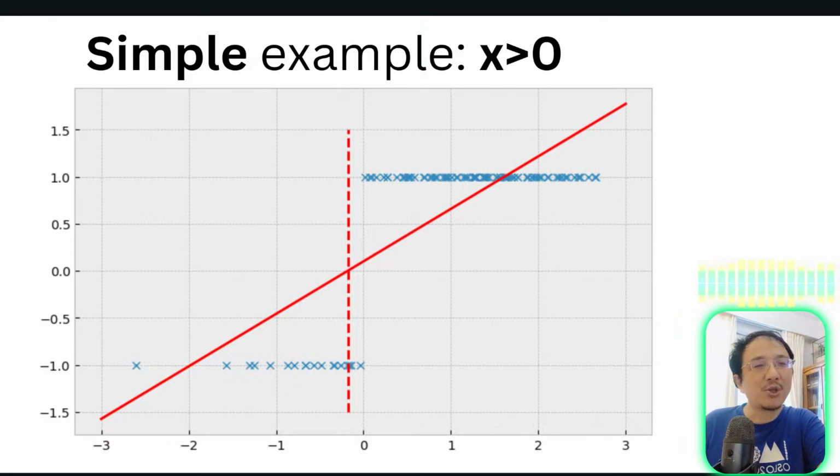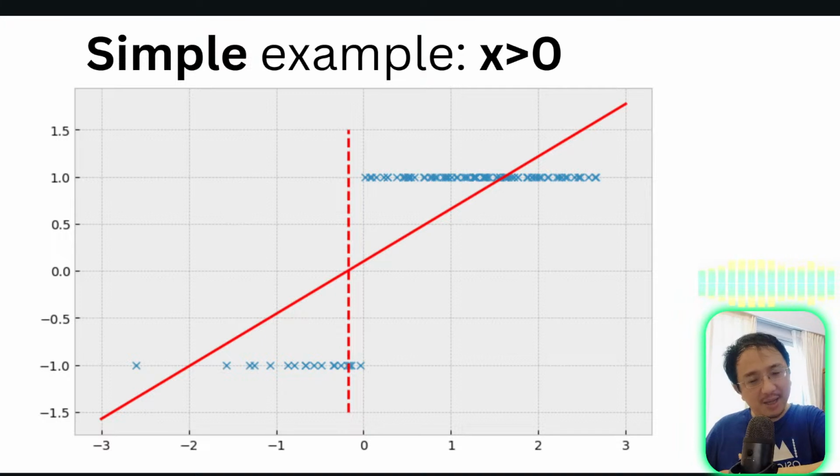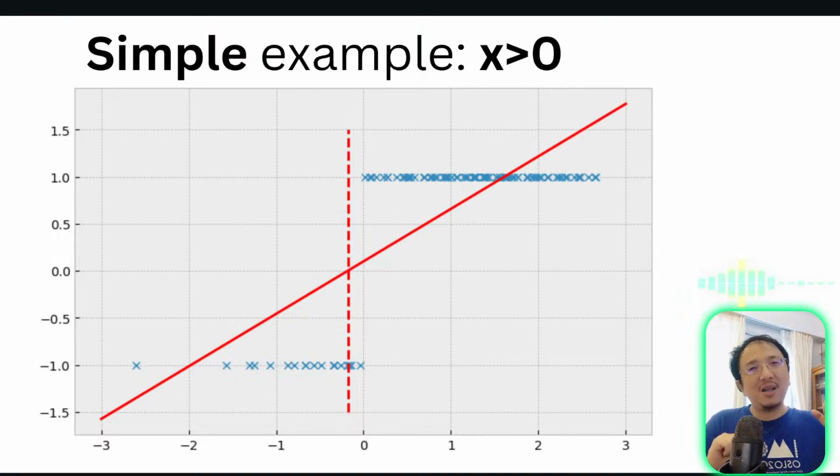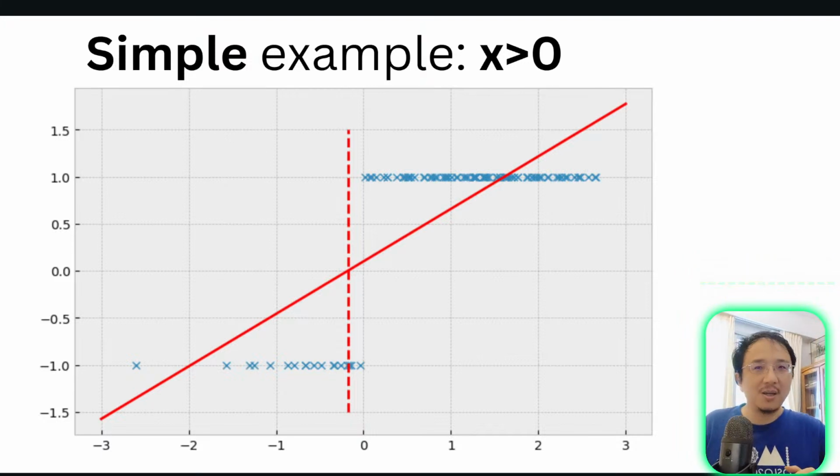In fact, most of the time, this linear regression method works pretty well. If you have enough data and 50% are negative and 50% are positive, linear regression actually works.